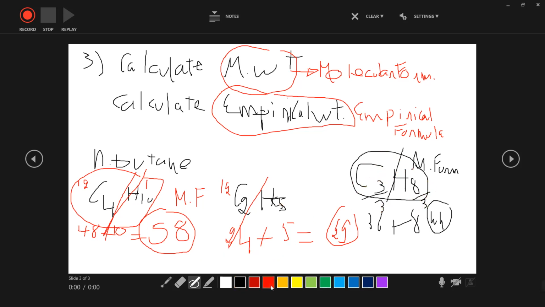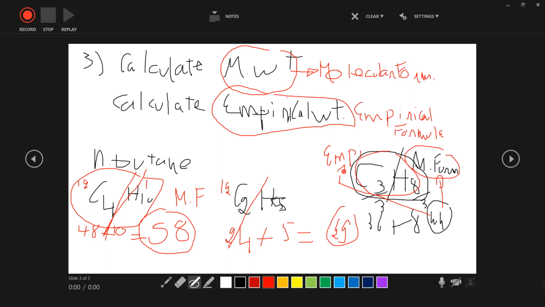I cannot divide by any number. So this formula represents the molecular formula and also the empirical formula. When I calculate the empirical weight, it will be the same as the molecular weight. So 44 represents the molecular weight and also the empirical weight.